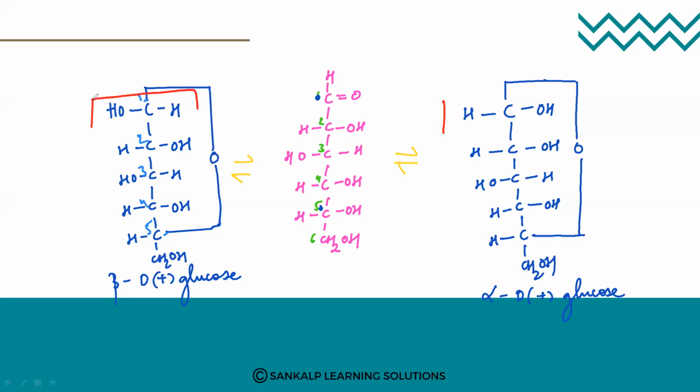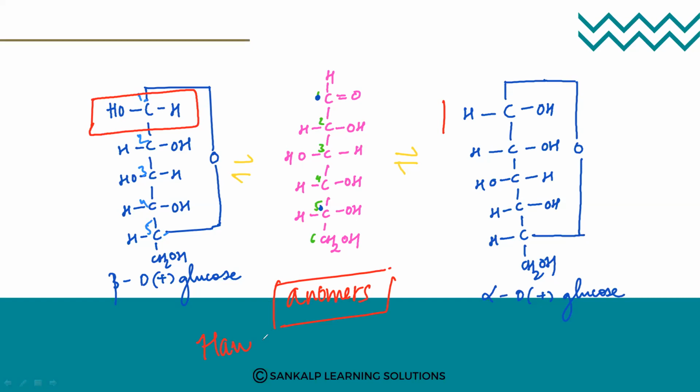If there is a change only at the C1 carbon, it is called the anomeric carbon. Such isomers, the alpha and beta forms, are called the anomers. This cyclic structure of glucose is best represented by the Haworth structure.